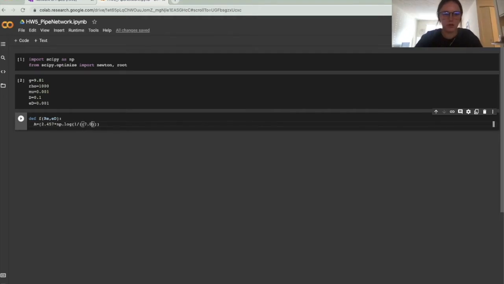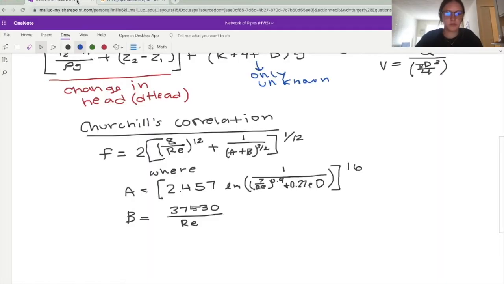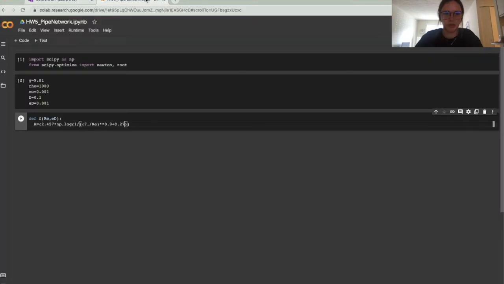times the log, so np.log of 1 over (7 divided by the Reynolds number) to the 0.9, plus 0.27 times ED, all of that to the 16th power.